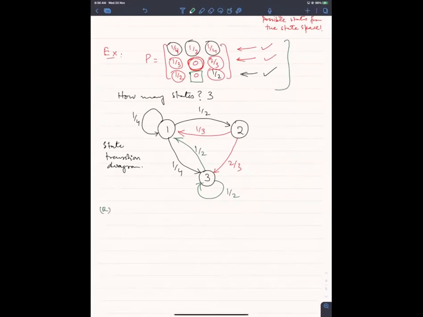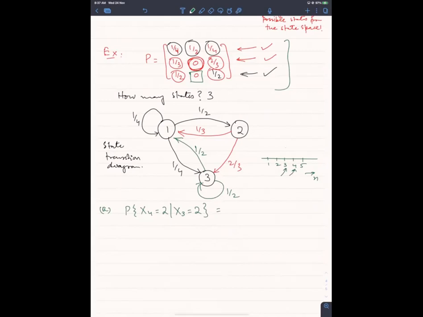So first example, what is the probability x4 is equal to 2 given x3 is equal to 2? Answers in the chat window. x3 का मतलब है टाइम 3 के ऊपर आप देख रहे हैं, x4 का मतलब है टाइम 4 के ऊपर देख रहे हैं.